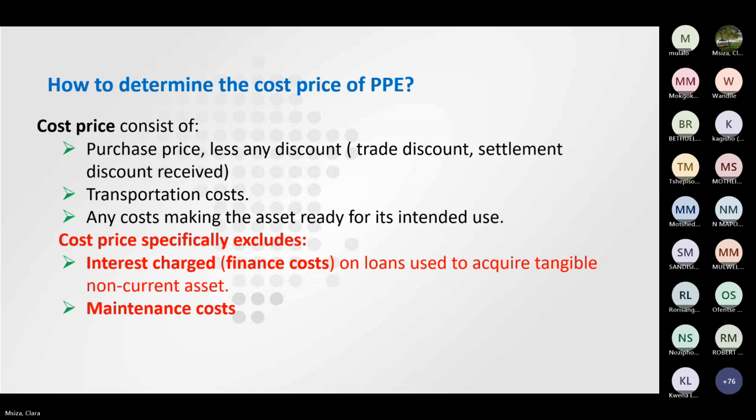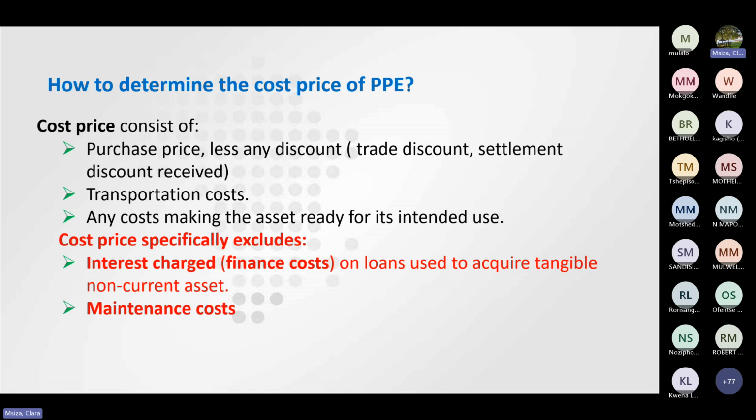Then, costs specifically excluded include interest charged. If you have bought something on loan and you're paying interest on that asset that you have bought, the portion of the interest will not be included in the cost price.